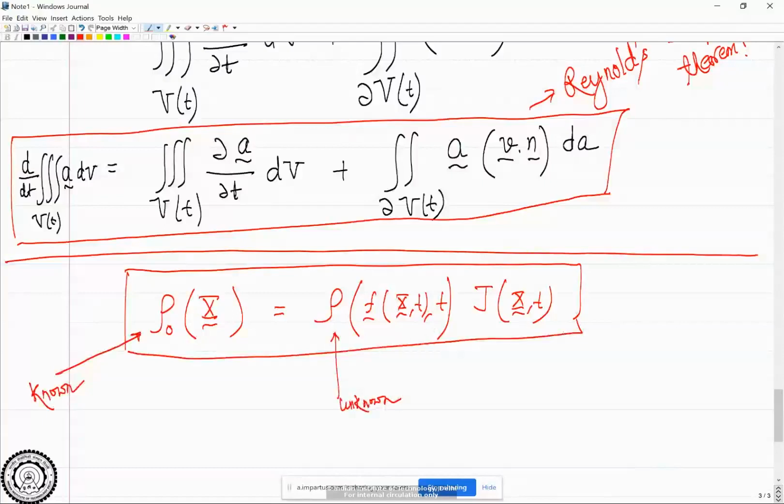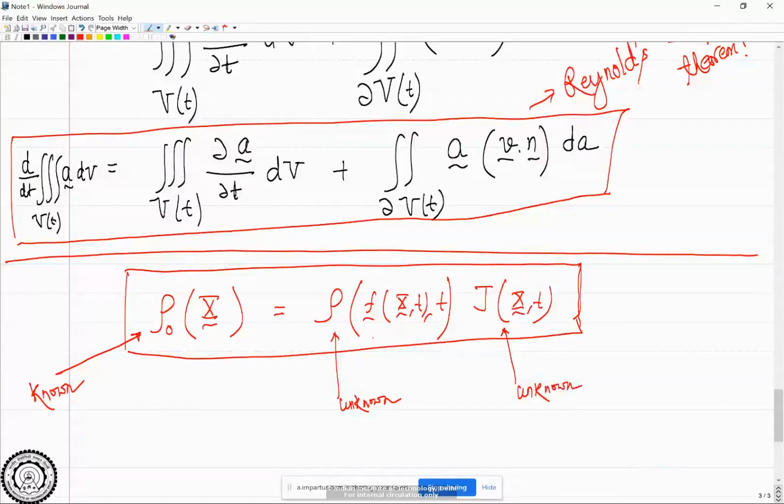But you see, this is not an independent equation because this J here is also an unknown. J is the determinant of the deformation gradient, and the deformation gradient is the gradient of the deformation map, which is also an unknown. So this is not an independent equation that you can solve for rho.